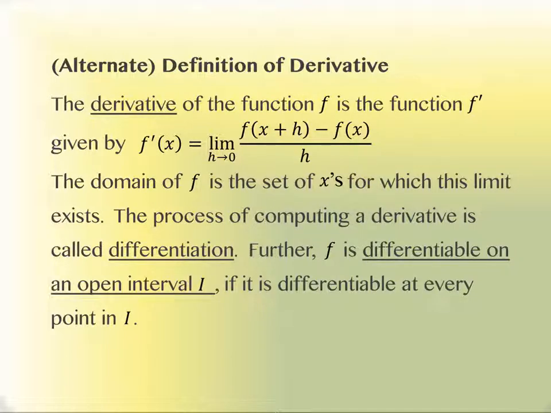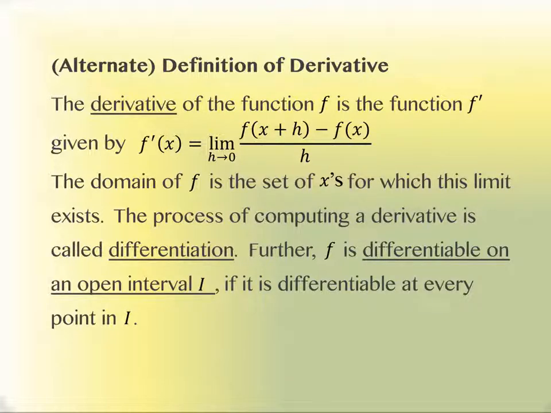We'll get there. This one then says the domain of f is the set of x's for which this limit exists. The process of computing the derivative is called differentiation. There's that word again in a different tense.